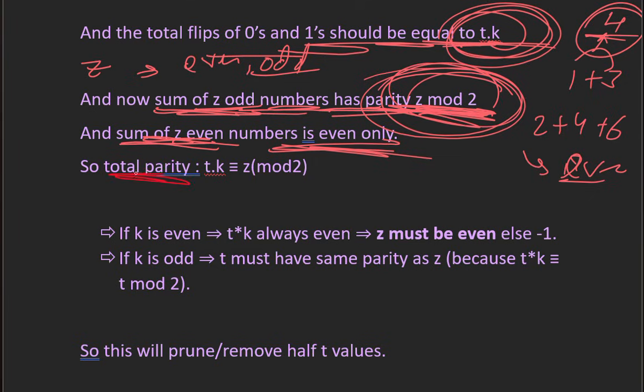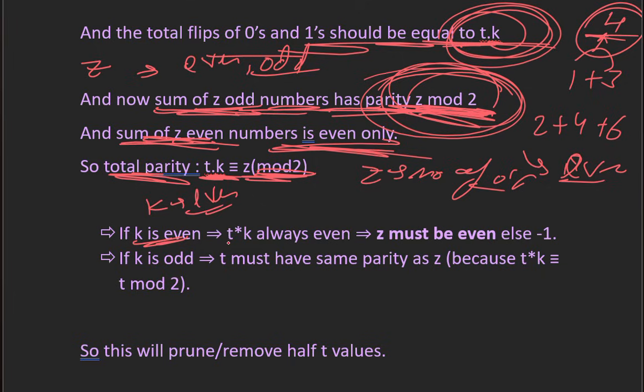So what is the total parity? Total flips is t into k, and t into k should be congruent to z modulo 2, where z is the number of zeros, right? So if k is even, then t into k will always be even, right?